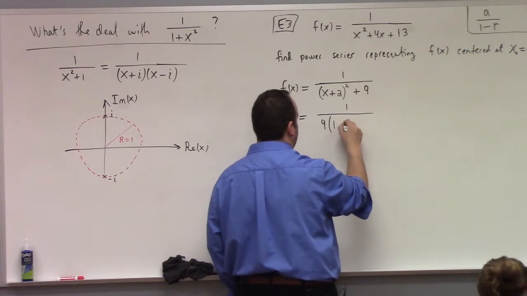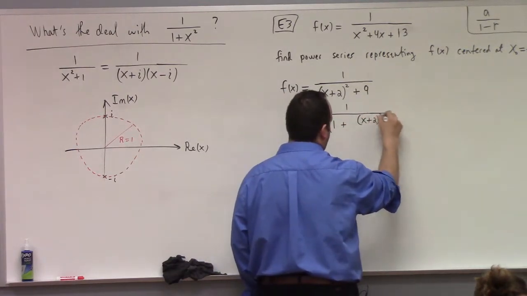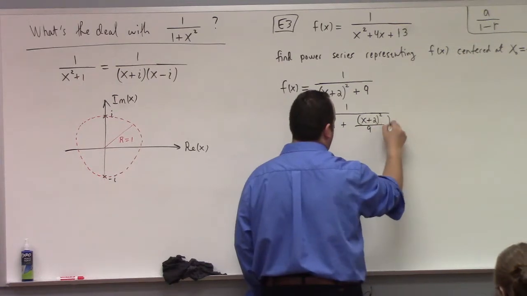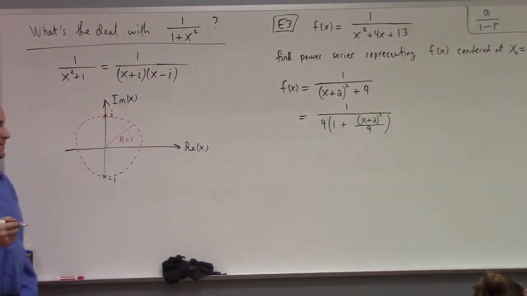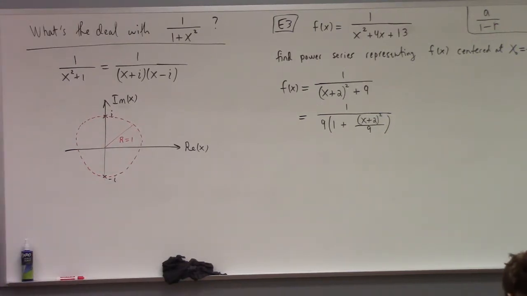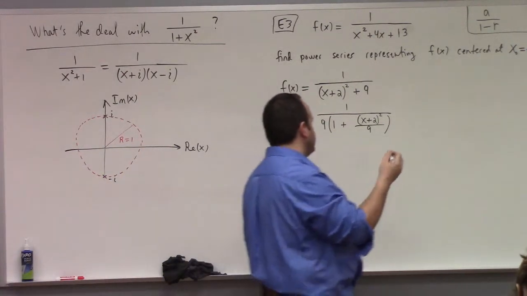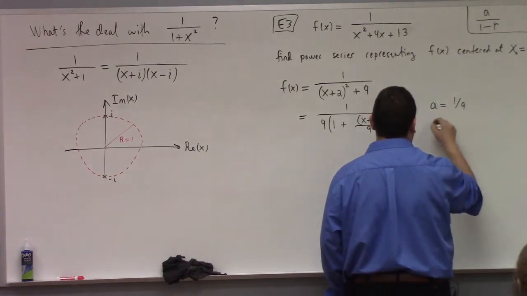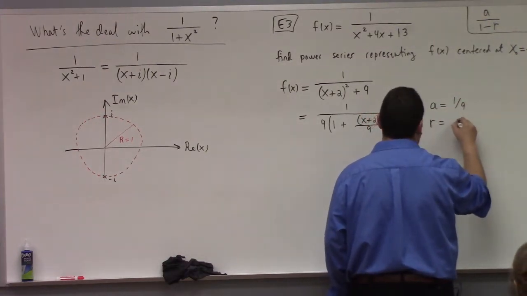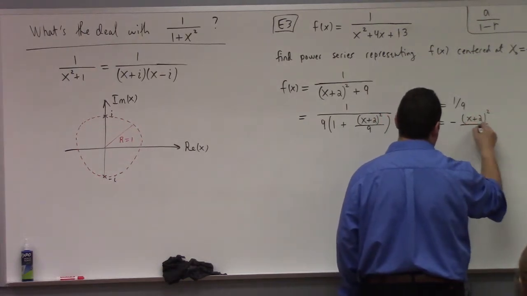And that gives us 1 plus x plus 2 squared over 9, right? So use your imagination. A equals what? 1/9, right? R equals minus parentheses x plus 2 quantity squared over 9.